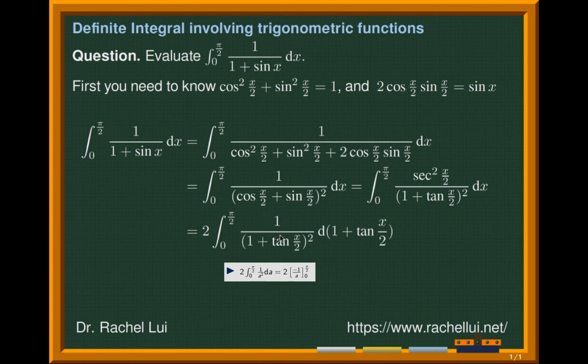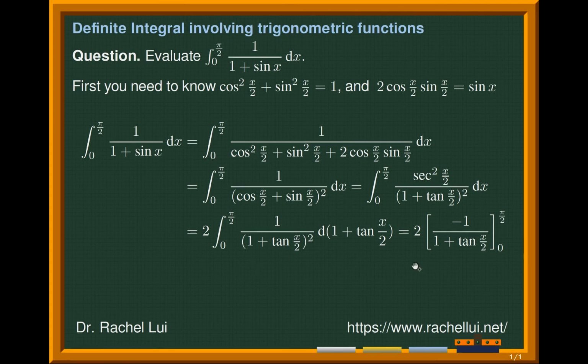When we integrate a to the power of negative 2, we get negative 1 over a. Therefore, we have 2 times negative 1 over 1 plus tangent x divided by 2, and we put down the upper and lower limits. Then we substitute pi over 2 and 0 into the formula.